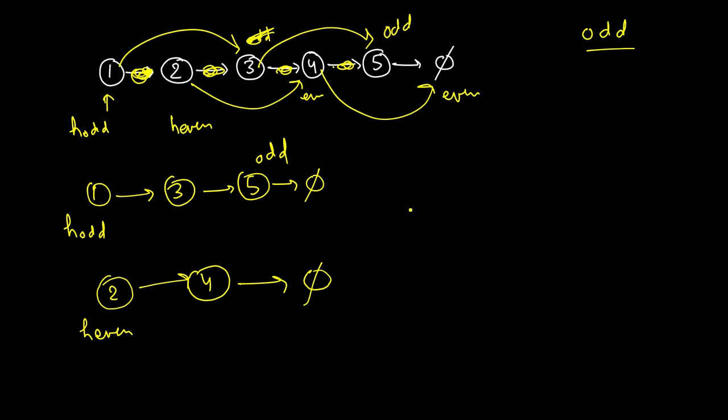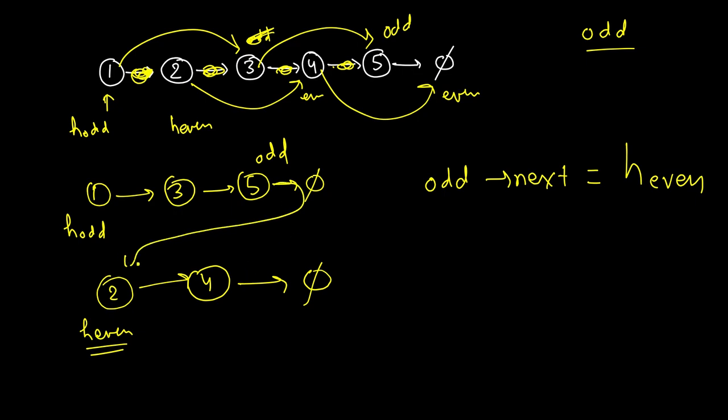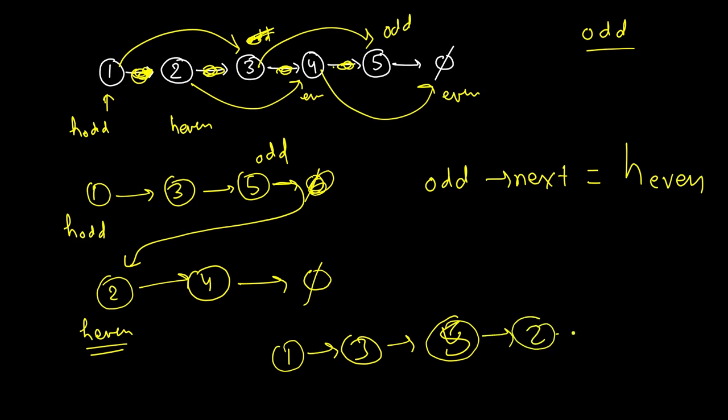So this is the state, and odd is here, because after changing it we move odd next. So what we have to do, we have to do odd next equal to h even, and h even is, in the beginning, always pointing to the second element. So this next will point here and not null now. So the final result will be 1, 3, 5, 2, 4 null, and h odd is pointing here.